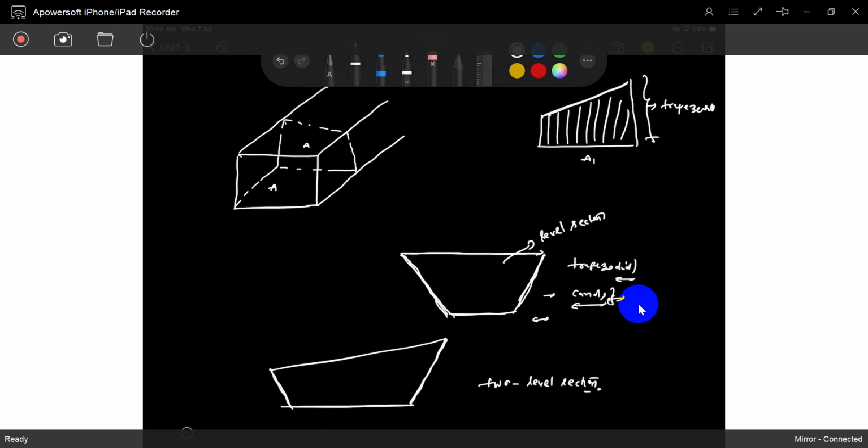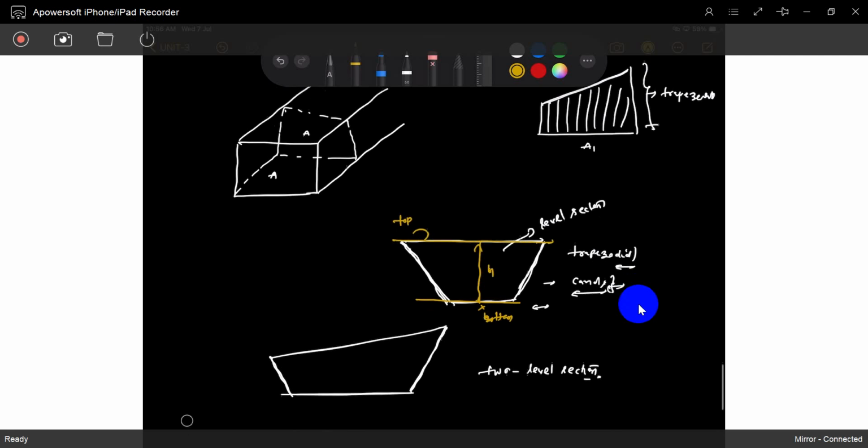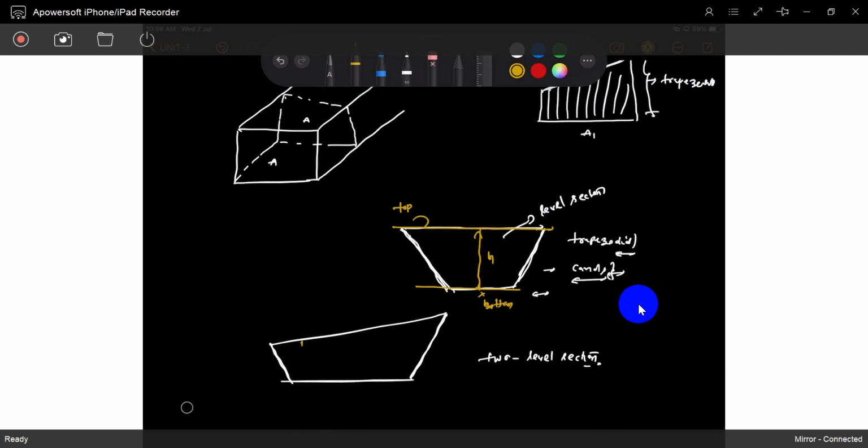So both levels, this level and this level, this is only one level, na? From this ground point, from the bottom, the top has only one level, so maybe 5 meters, some h level, only one level. But if you take this one, it has one level and then another level.